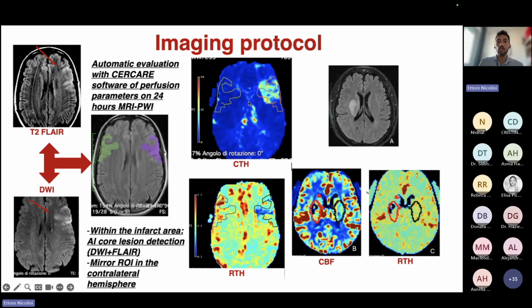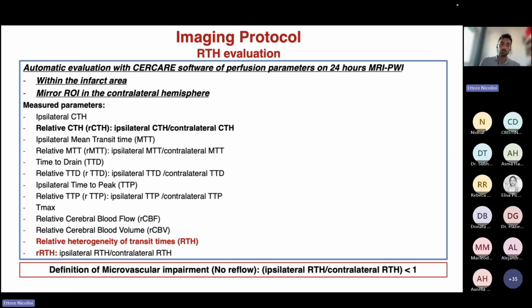Here you see some examples of two of our patients and the CTH, RTH, and CBF maps within the infarct lesion and within the contralateral mirror lesion. So these are all the data that we collected, and we focused particularly on the relative transit time heterogeneity.